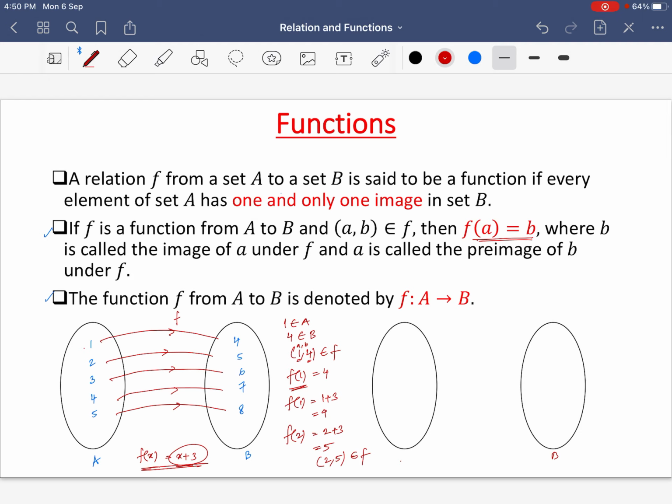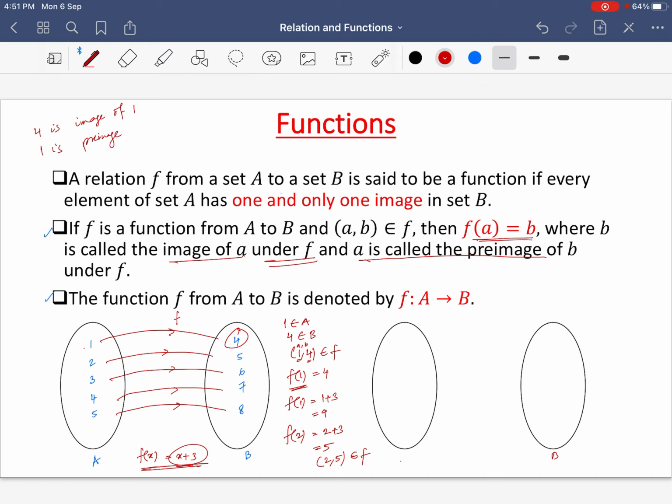Here b is called the image of a, so I will say 4 is the image of 1 under the function f. 4 is the image of 1, 5 is the image of 2. In this way it goes, and a is called the pre-image of b. So if 4 is the image of 1, then 1 is the pre-image of 4.